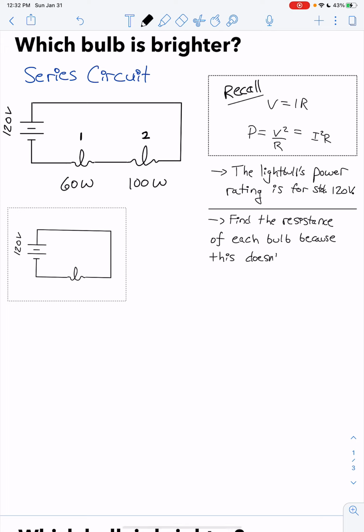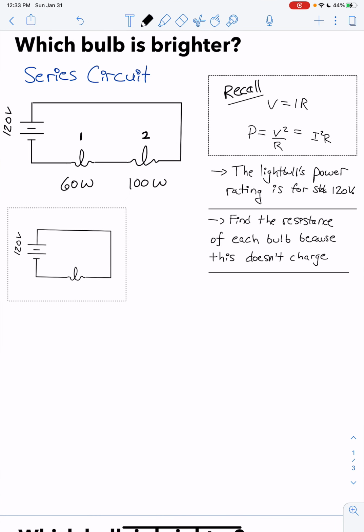This quantity is a characteristic of what it's made of. Remember we talked a little bit about resistivity and the shape of the conductive material, and that's what's telling you the resistance. So it doesn't matter what circuit we put it into, the resistance is a consequence of the character of the material.